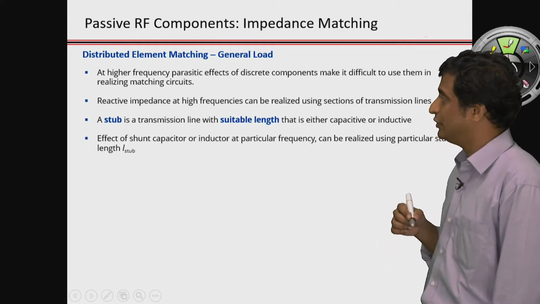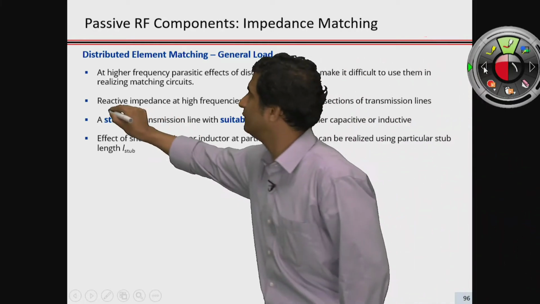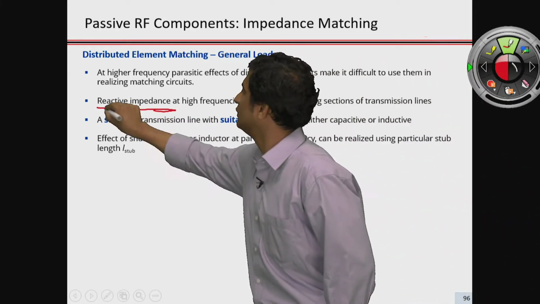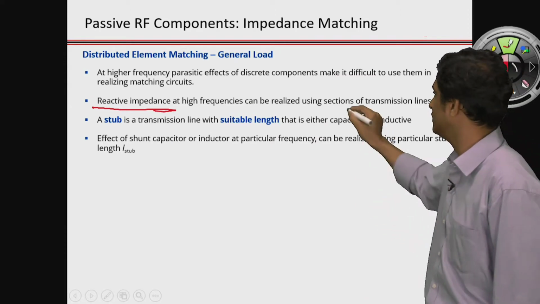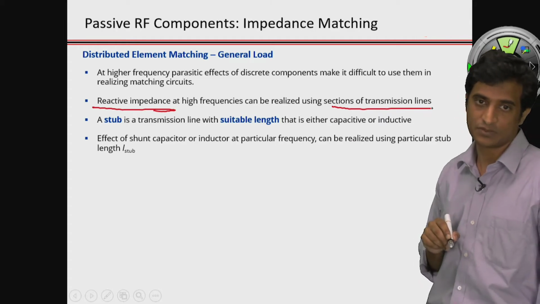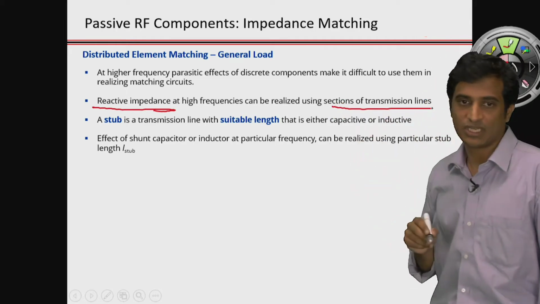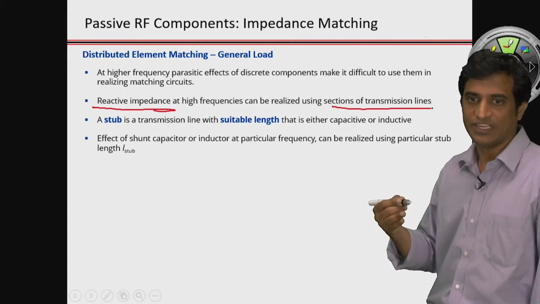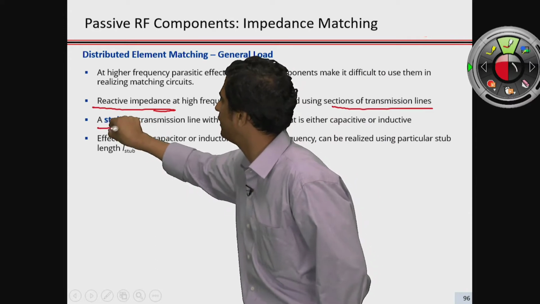In those scenarios, it is often useful to realize the reactive impedances that form the matching circuit using transmission lines instead of lumped elements. So using a section of a particular transmission line to realize either a capacitor or an inductor, that particular section of transmission line is called a stub.